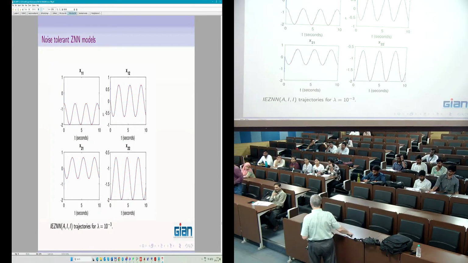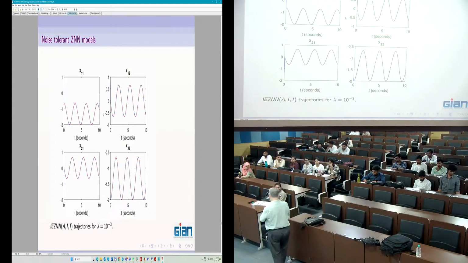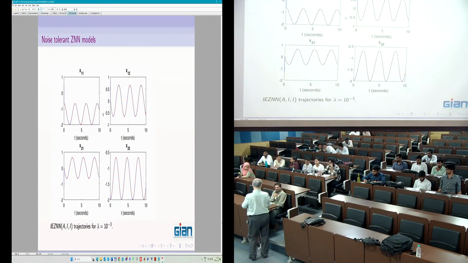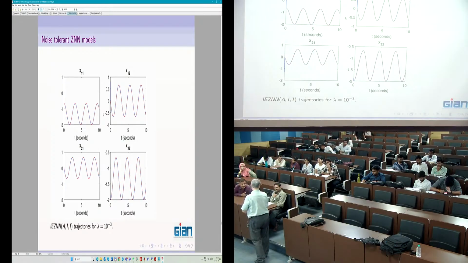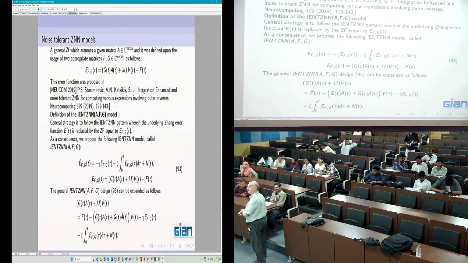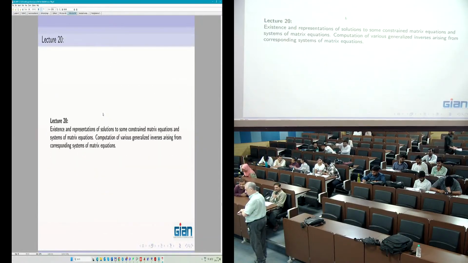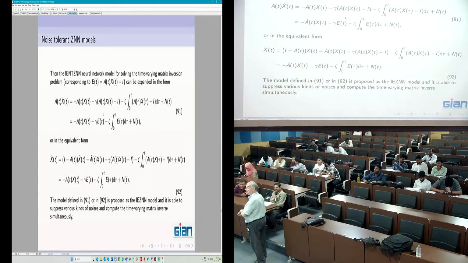Is it possible that the ZNN model can also handle the electronic circuit noise? Yes, it is appropriate for hardware implementation, such as Simulink models.